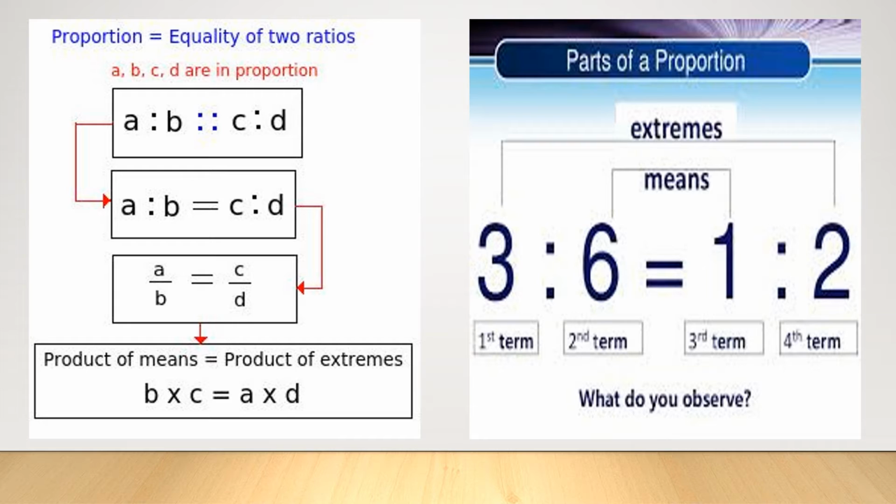These A, B, C, D are called the terms of proportion.